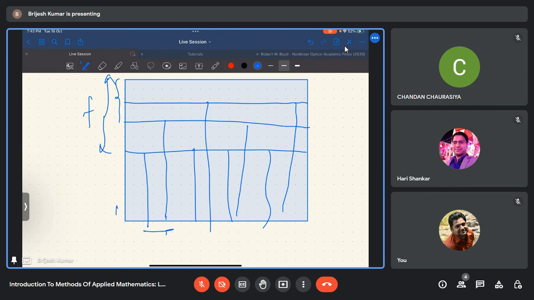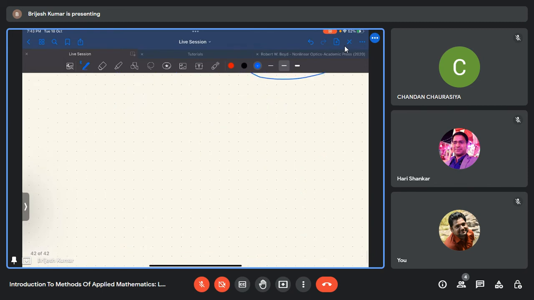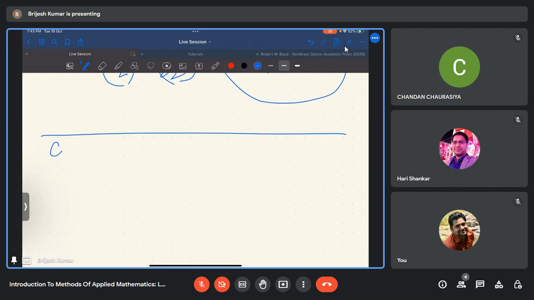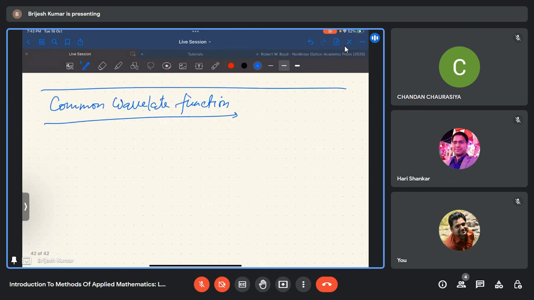Now if we want to look at some common wavelet functions, first we see the design equation.